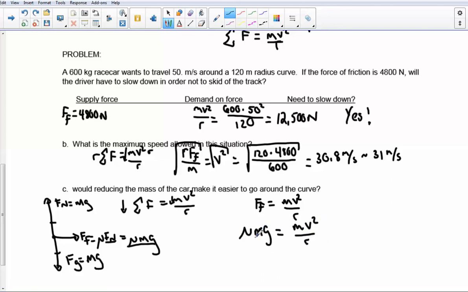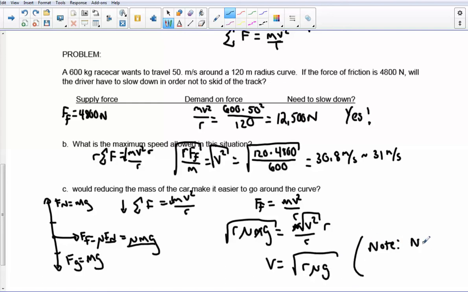You can see that there's an m on both sides, so even if I reduce the mass, the maximum speed, if I multiply by r and take the square root, is equal to the square root of r times mu times g. There's no mass, meaning that the mass does not make a difference. So the answer to the question is no.